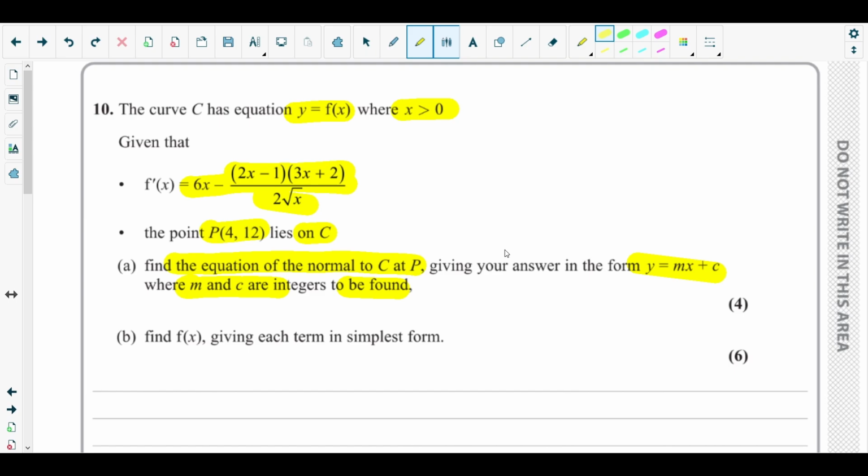So how can we get the gradient of the tangent? The gradient function is given, so it's pretty easy to find the gradient of the tangent using f dash x.